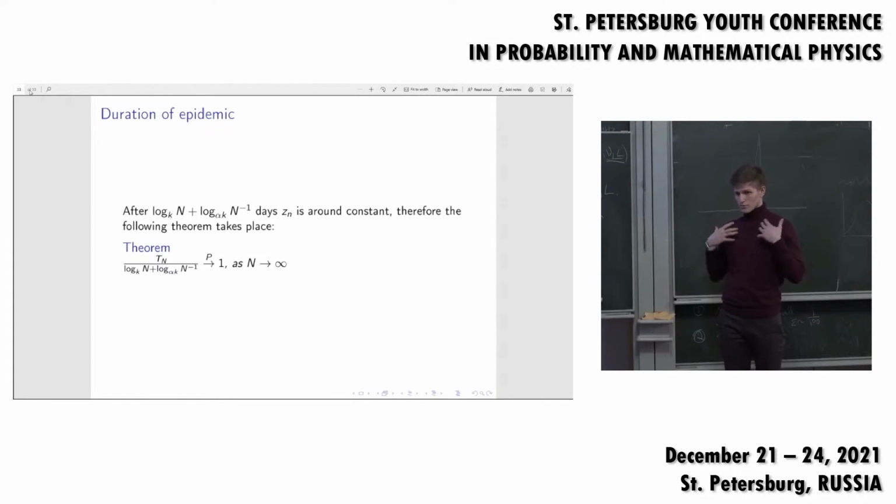So it is true that the time when the epidemic terminates divided by time on the screen converges in probability to 1 as n tends to infinity.